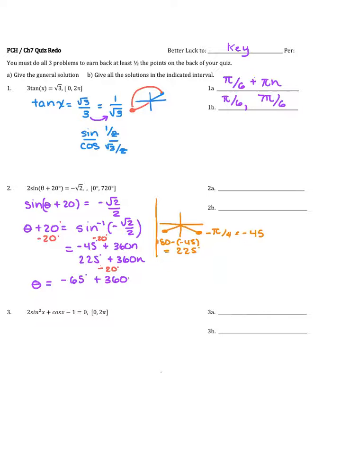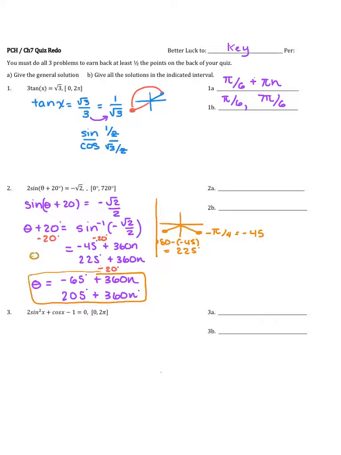The 360n doesn't change. And then 225 minus 20 is going to give you 205 degrees plus 360n. So that is going to be your general solution.